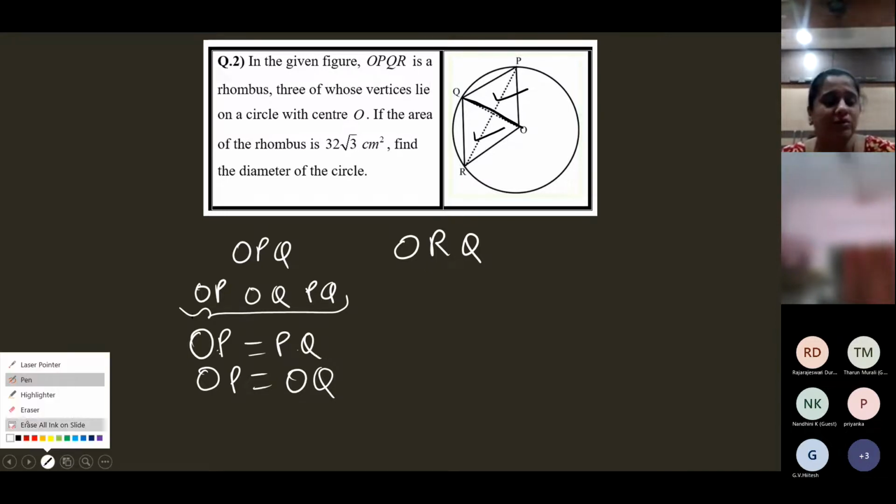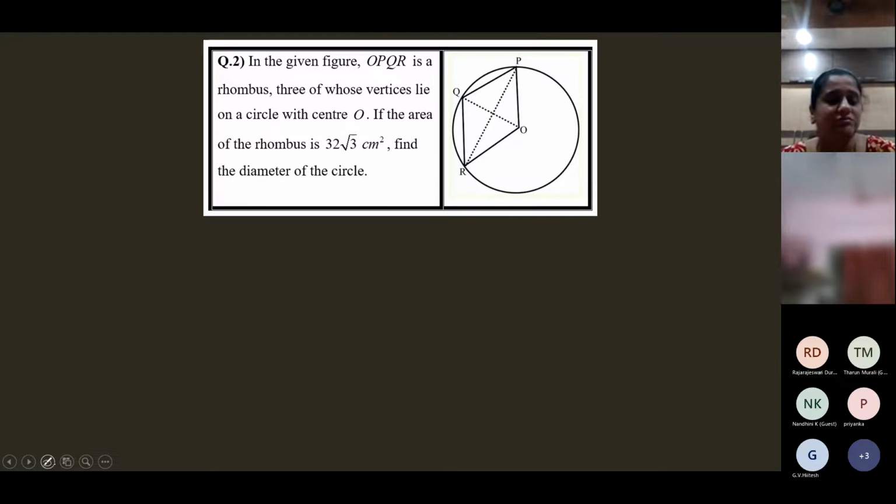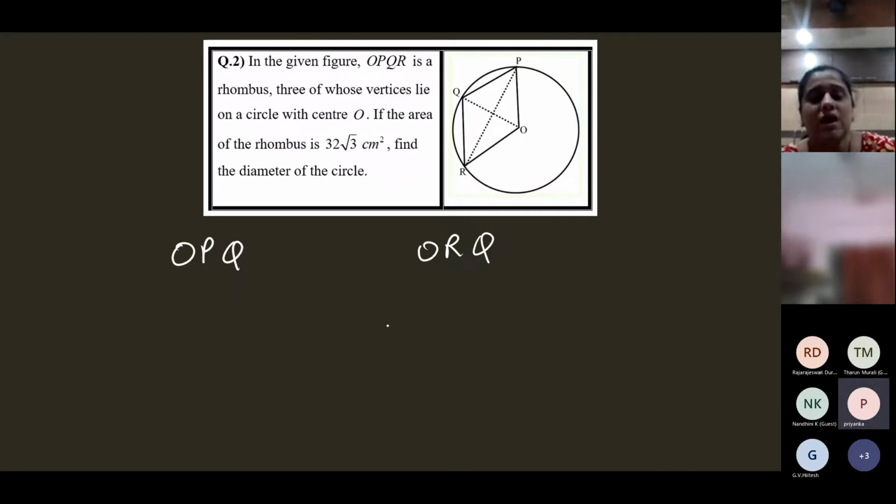One minute. Let me do it more slowly. I'm taking the two triangles OPQ and ORQ. I'm going to show that these two triangles are equilateral. Now I'm writing out the sides of this triangle: OP, PQ, OQ.